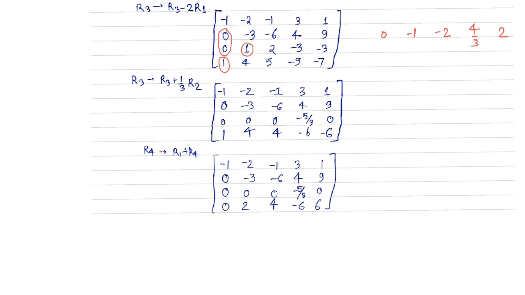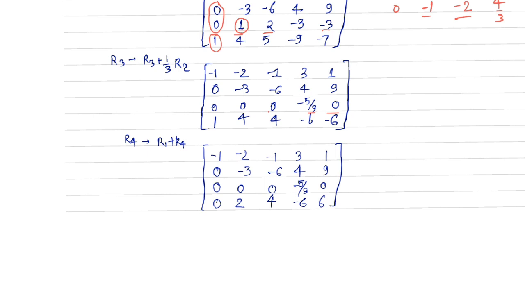That gives me here 0, 0, 0, because 2 minus 2 is 0, 1 minus 1 is 0, 2 minus 2 is also 0, minus 3 plus 4 over 3 gave me minus 5 over 3, and minus 3 plus 3 is 0, because 9 over 3 is 3. So now I'll try to make this point 0. So I'll add R4 to R1.